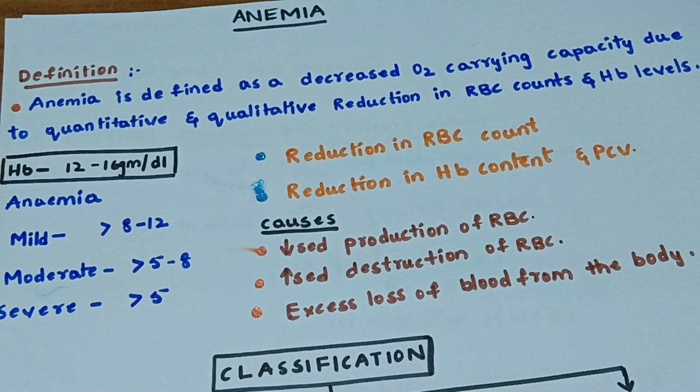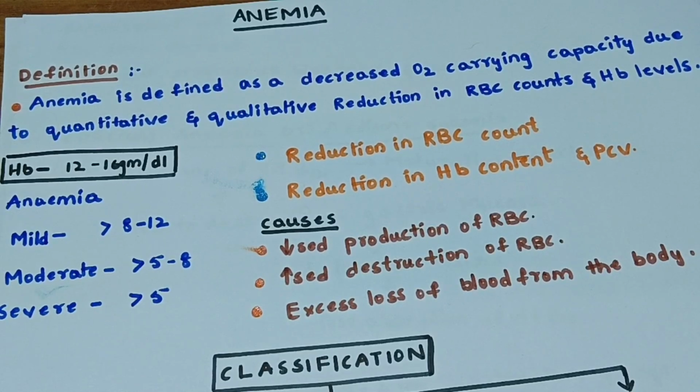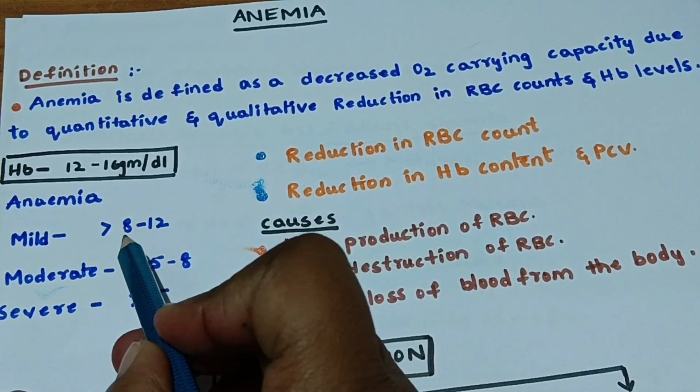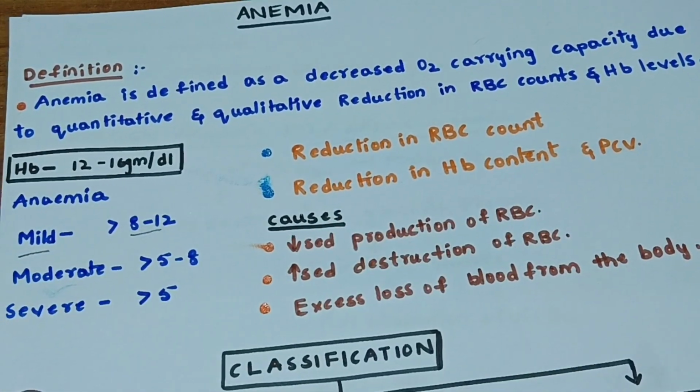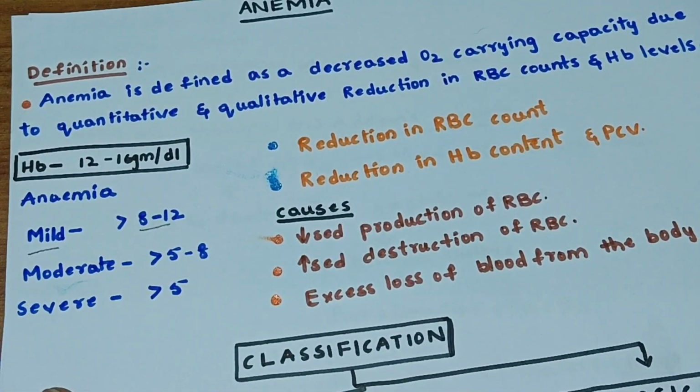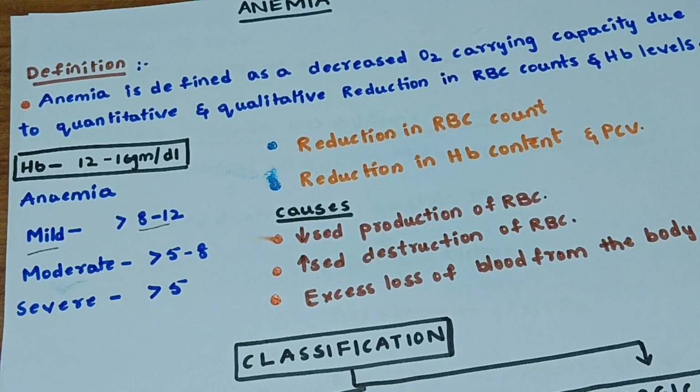So the hemoglobin normal range is 12 to 16 grams per deciliter. Now, when there is a decrease in hemoglobin content, if it is less than 8 to 12, it is considered as mild anemia. If the hemoglobin is less than 5 to 8, it is known as moderate anemia.